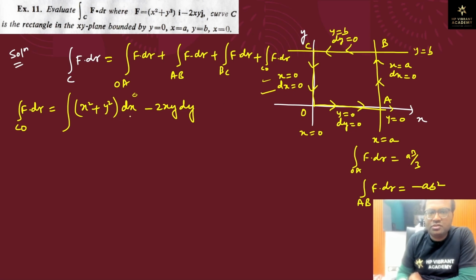So dx is 0, so this whole expression vanishes. Now x is equal to 0, so the other term also vanishes. So the value of this is 0. So we have f dot dr along CO is equal to 0.